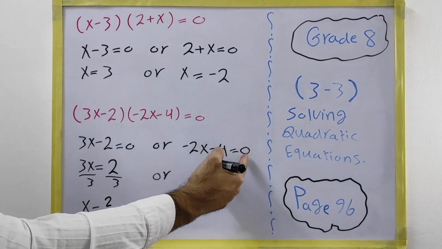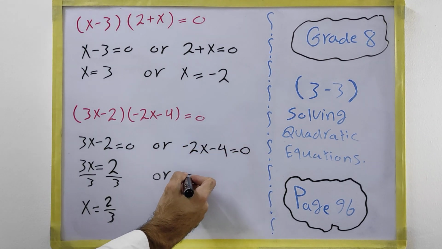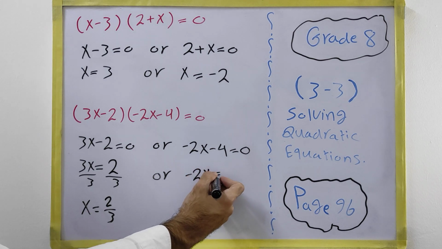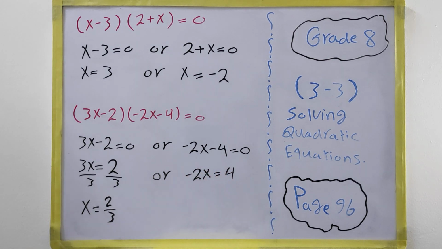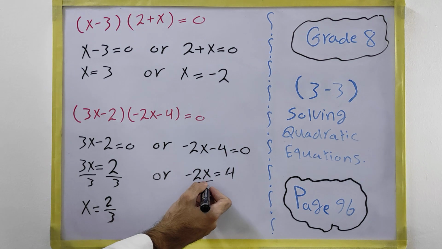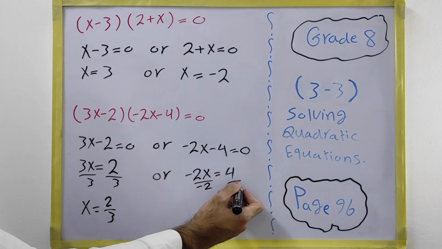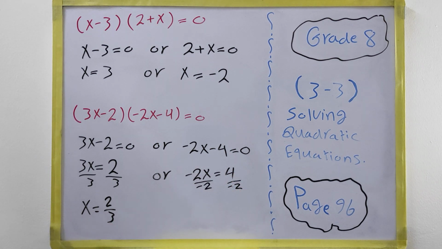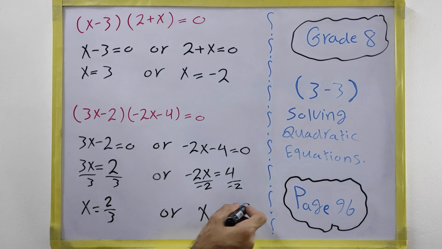Or negative 2x minus 4 equals 0. Negative 4 to the other side, negative 2x equals 0 plus 4, which is 4. Here we have negative 2, so we divide by negative 2. Negative 2 divided by negative 2 equals 1. 1x equals 4 divided by negative 2 equals negative 2.